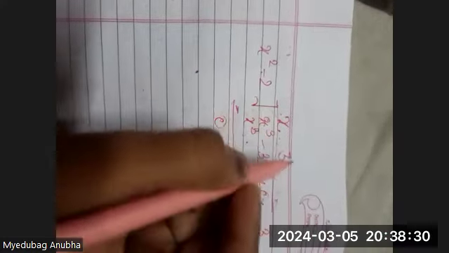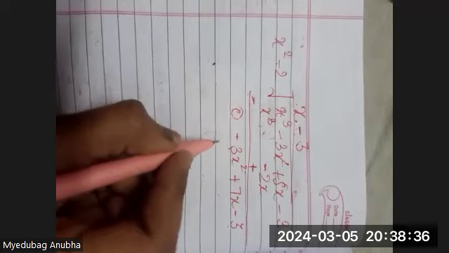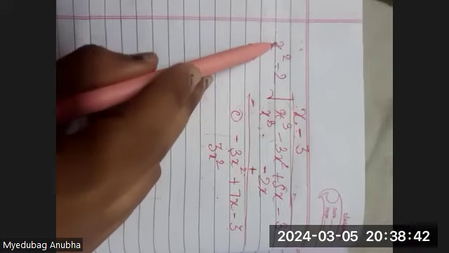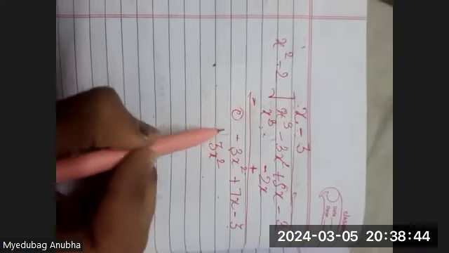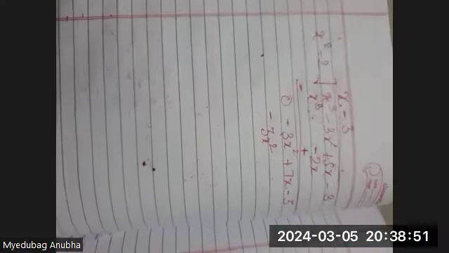Negative. Now solve with me. This will be x square multiplied by 3 is 3x square. Take care of the sign. This is positive, this is negative. So here it will be negative. Complete the entire equation and tell me what you have written here.